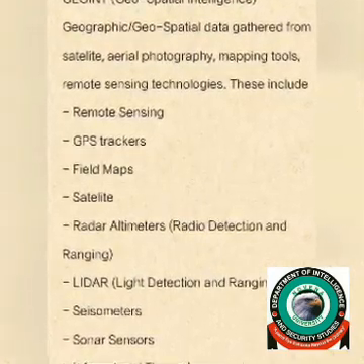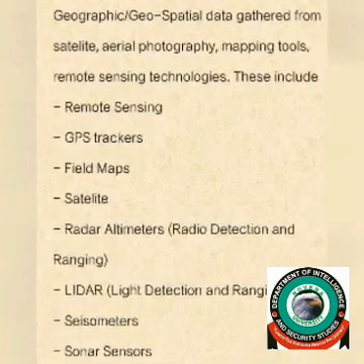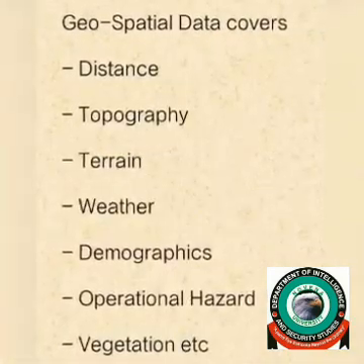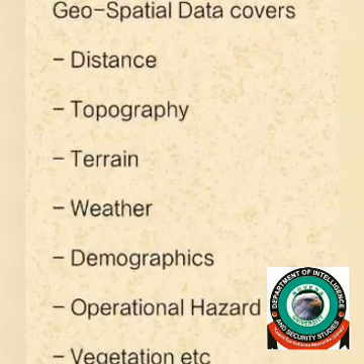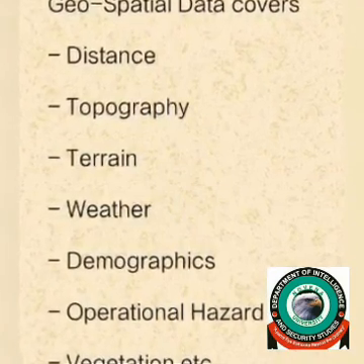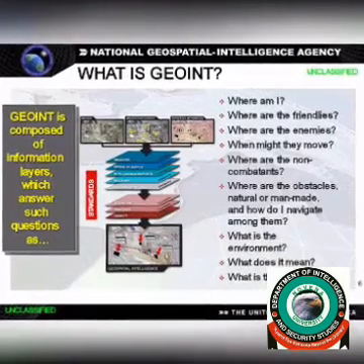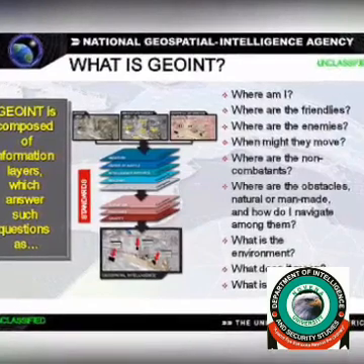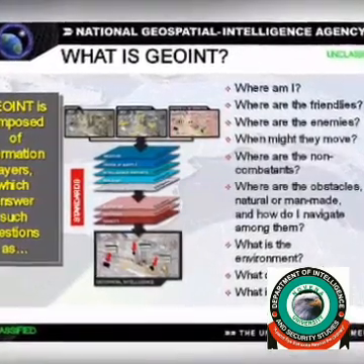Now, geospatial intelligence is next on my list. Like I explained the other day, it is simply geospatial data, or information about the geography of an area, or you say geographic information. Let me look at the etymology. Etymology means the study of how words are formed.